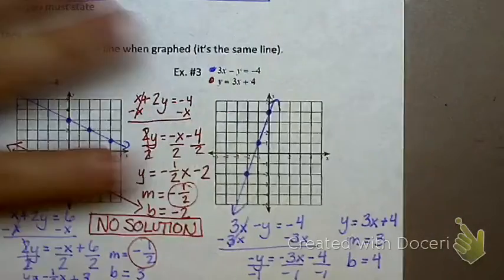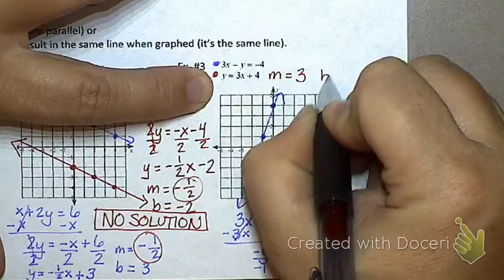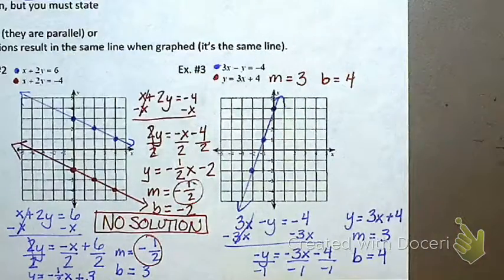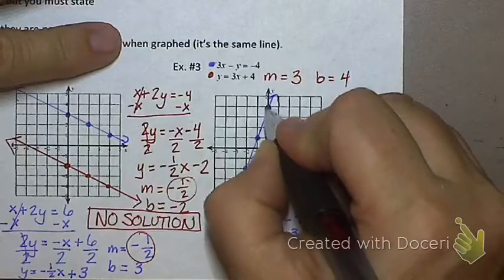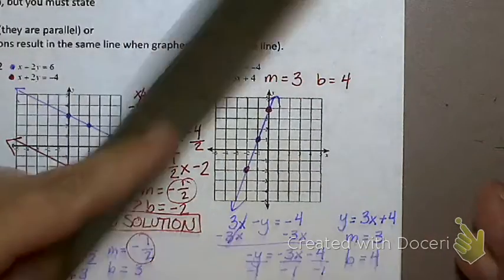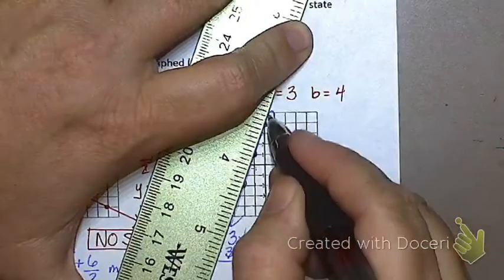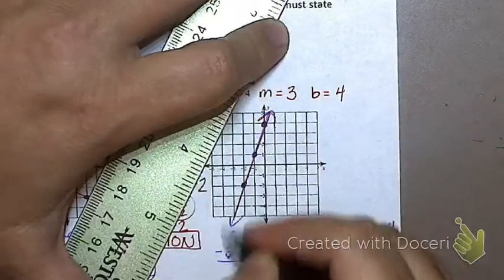My red line is already in slope-intercept form. The slope is 3. Y-intercept is 4. Interesting. Exact same line. So this is a purple and red line. Meaning what? Where do they intersect? Everywhere.